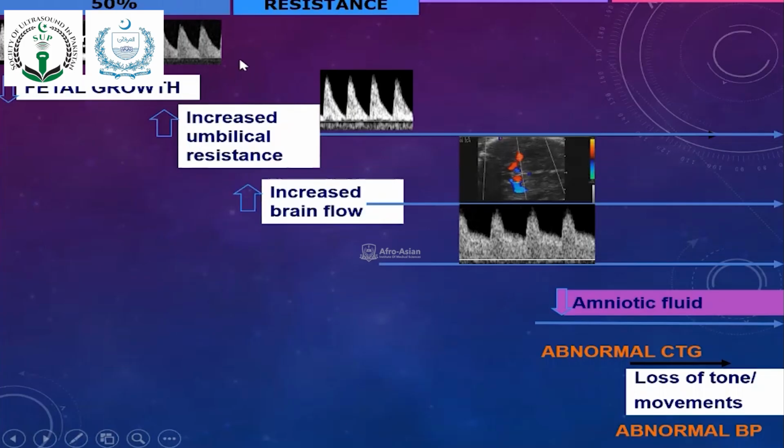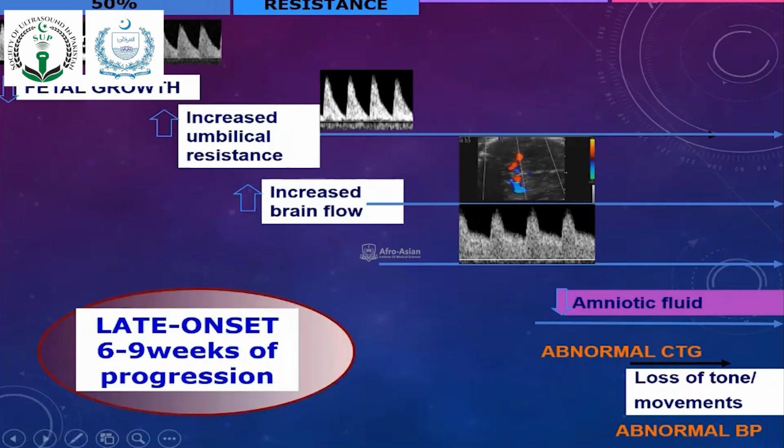So some of the steps will be skipped, and things will move very quickly towards asphyxia. Late onset progression is 6 to 9 weeks, whereas the early was 4 to 6 weeks.